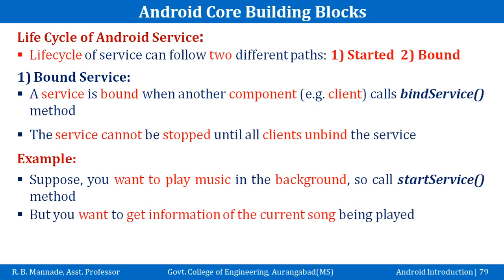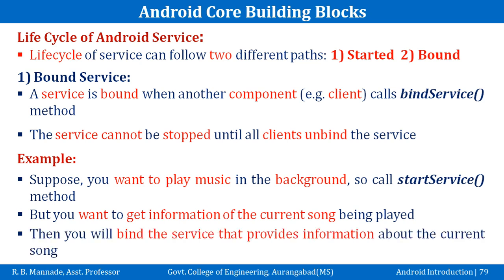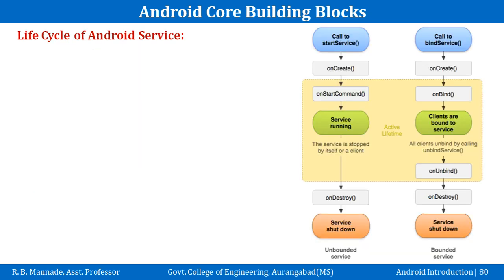But you want to get information about which song is currently playing in the background. In that case, you can create another service and bind that service so that it can provide the information about the current song. So it is called a bound service. Then we will see the life cycle of an Android service in graphical form.